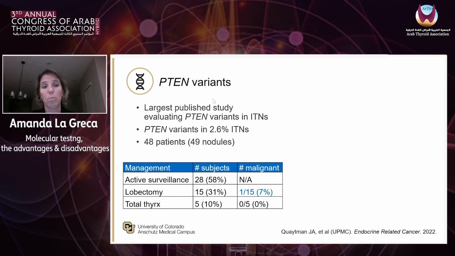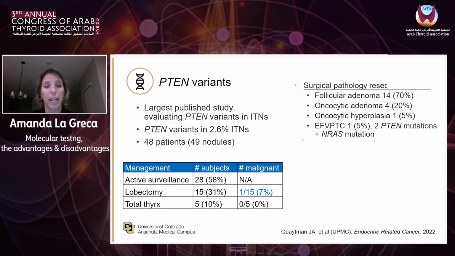Most of the patients with PTEN had benign surgical pathology. 28 patients had active surveillance, and we don't have the surgical path. 15 patients, 31%, underwent resection, and the malignant rate was 7%, just 1 out of 15. And for the 5 who underwent total thyroidectomy, none of them had malignancy.